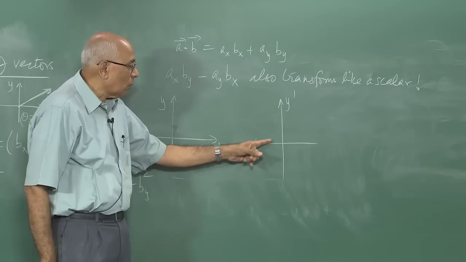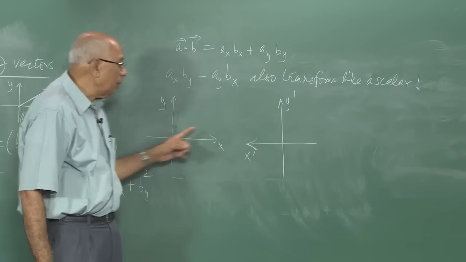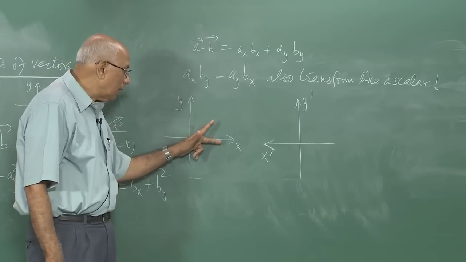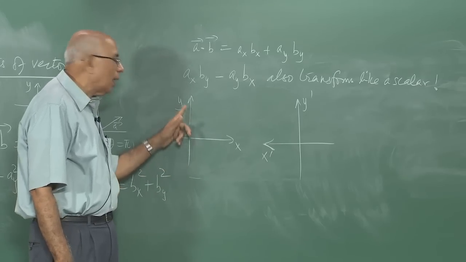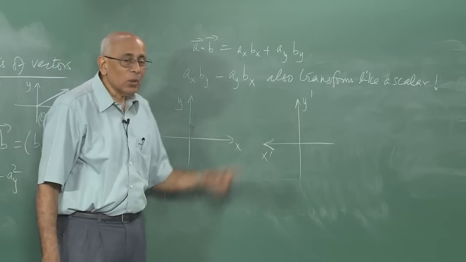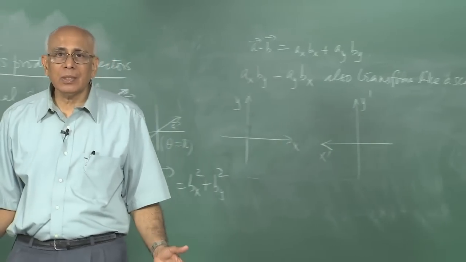Now this coordinate system cannot be obtained from the original coordinate system by any rotation, because the moment you rotate x to bring it to this side, y also rotates downwards. So this transformation is not a rotation.